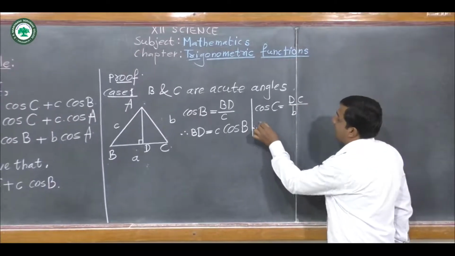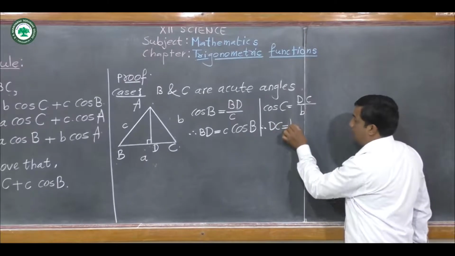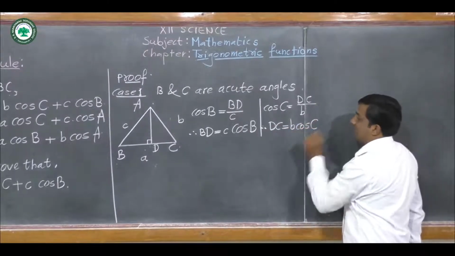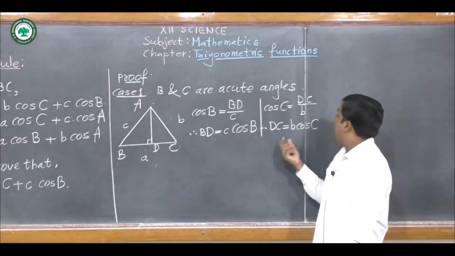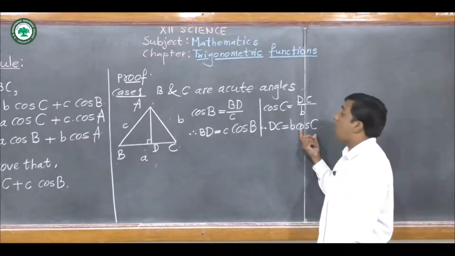Lastly we get DC = b cos C. So we get BD as c cos B and DC as b cos C.